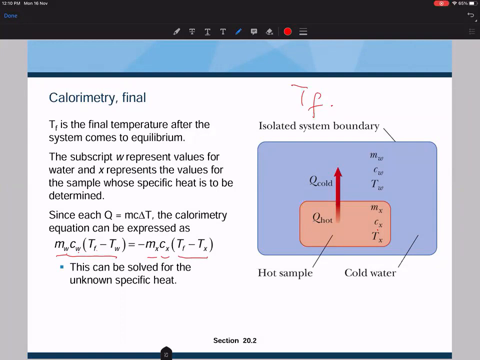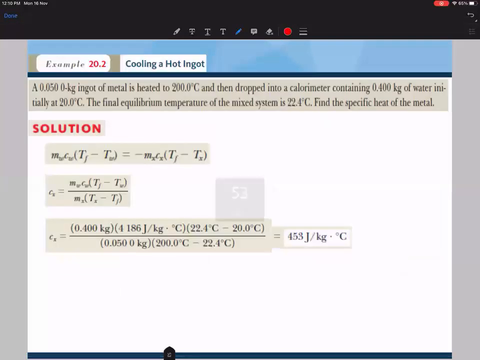So T_F should be smaller than T_x. The term in the bracket is negative. Therefore, the negative sign in the front balances the two sides of the equation. So in this way, we could solve for the specific heat of the system. So this one is just a demonstration of the equation.